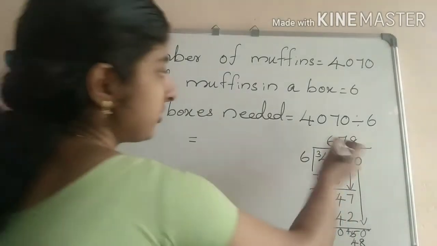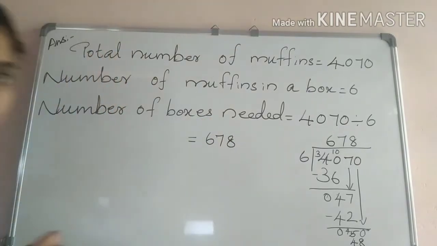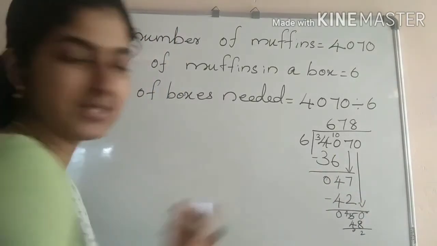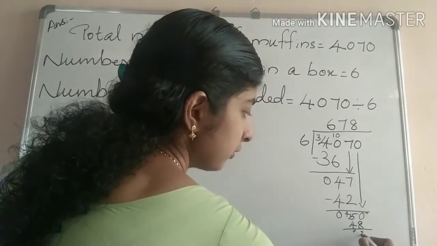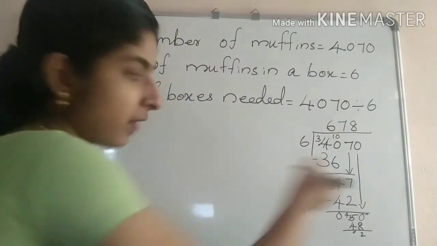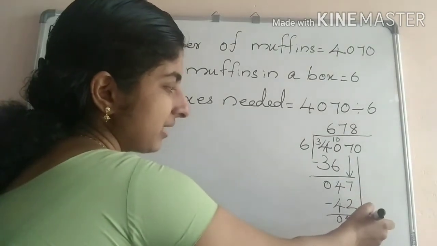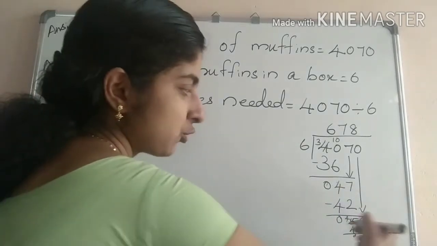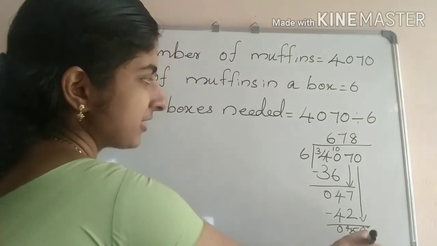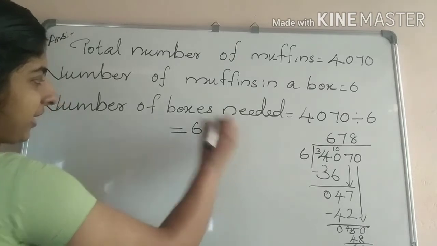Then the answer is 678 boxes. Then 50 minus 48 is 2. We take 1 from the left side. After taking 1, this left side becomes 4. Then here 0 becomes 10. 10 minus 8 is 2. 4 minus 4, 0. Then 2 is the balance. Then the answer is 678.